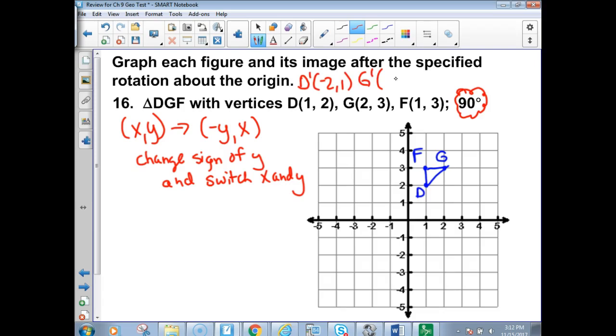G prime should go to -3, 2. And F prime, I'm changing the sign of Y to -3 and switching it, -3, 1. D prime, -3, 2. G prime, and then -3, 1. Oh my gosh, I've got to move that letter. -3, 1 is F prime, and that was D prime.